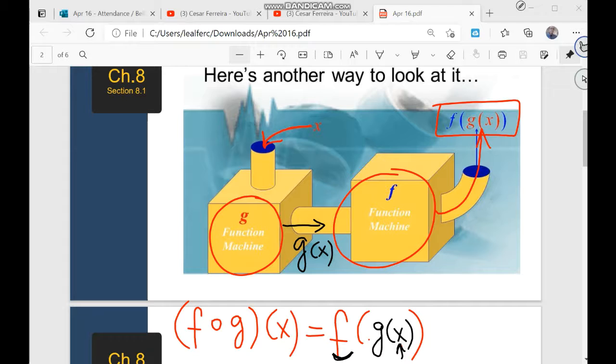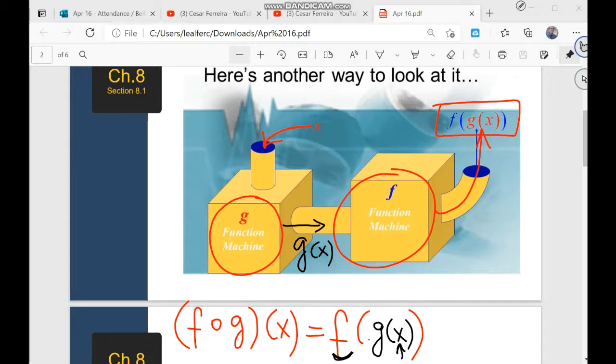I don't know if it makes things more clear or more confusing. You can give me feedback. But this picture is an illustration of how the compose process works, how to compose functions.